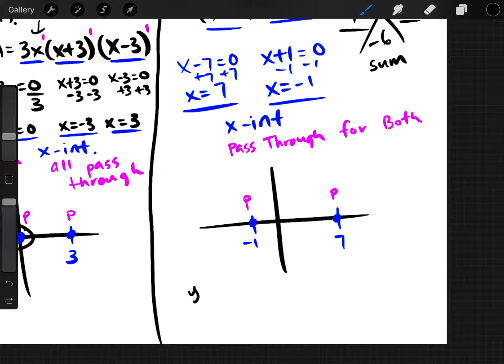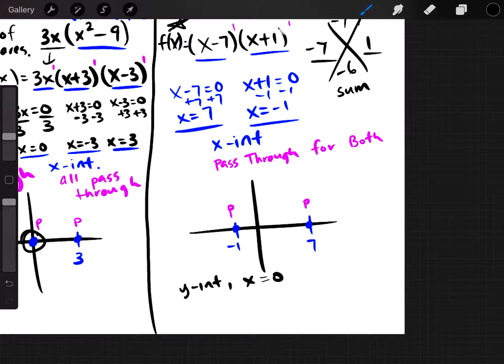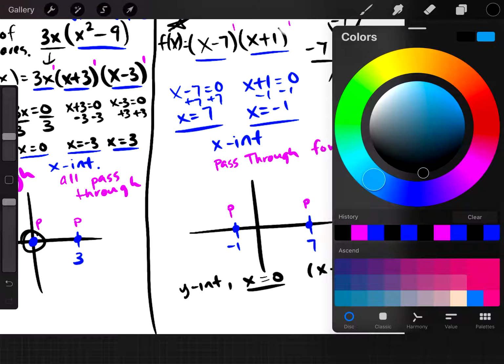To find the y-intercept, we just set x equal to 0, right? So you go to your equation. It doesn't matter which one you choose. You can choose this or you can choose that. But what I'm going to do is take this x minus 7, x plus 1, and just plug in 0 for x.